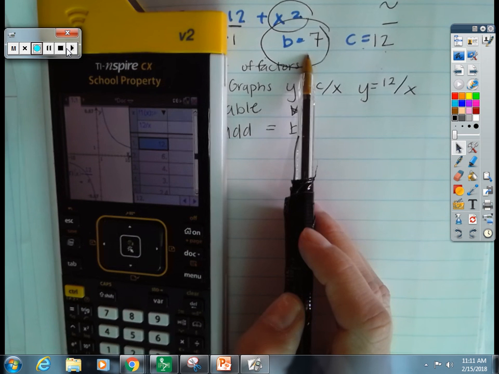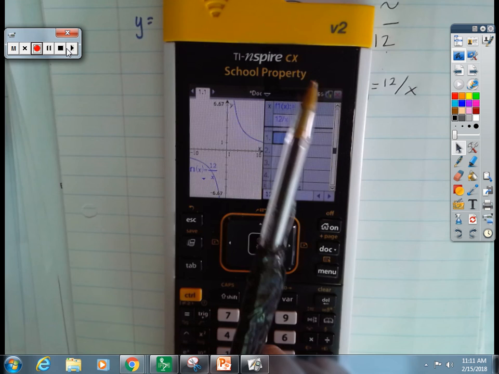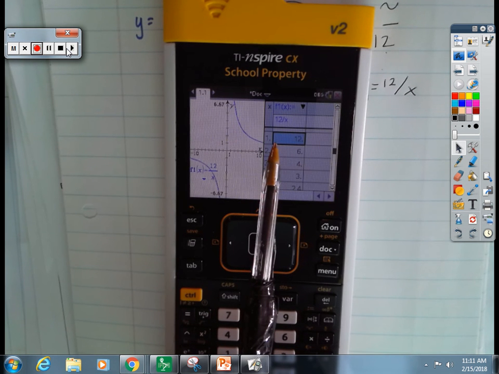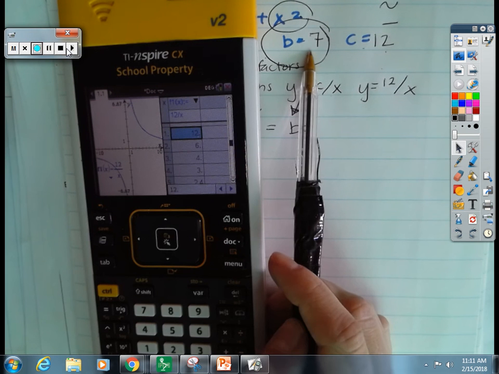When you get those, then those are your factors. So I have to look. First one, 1 plus 12 is 13, which is not 7, right? So that's not the factors.